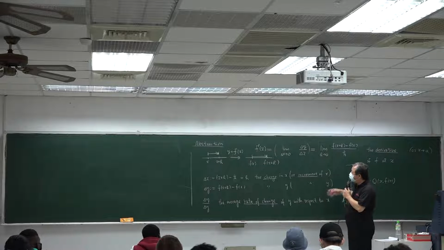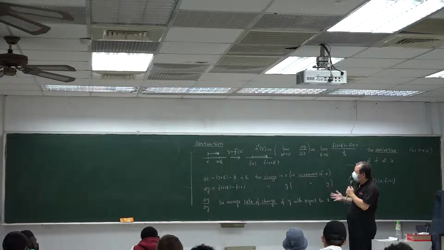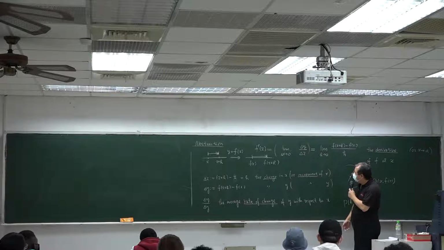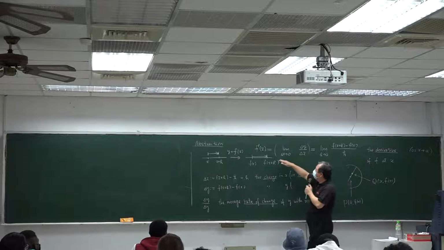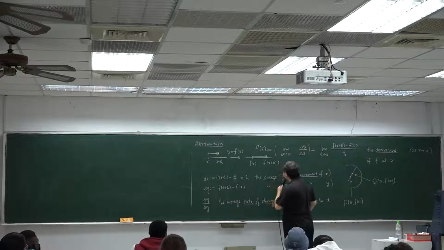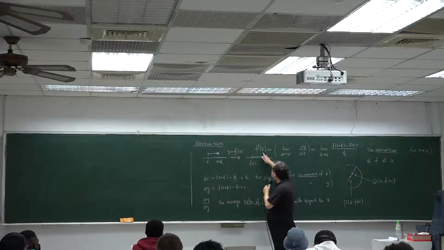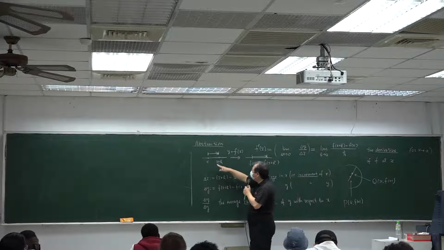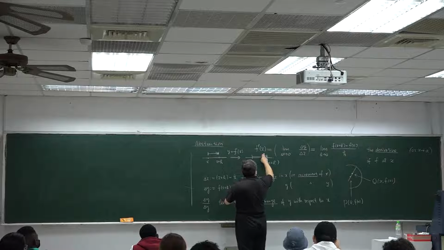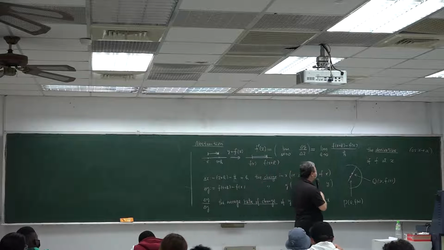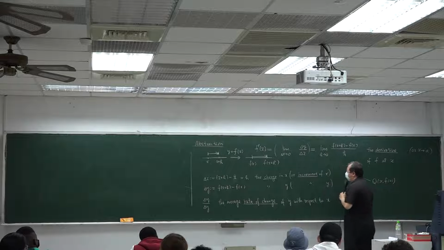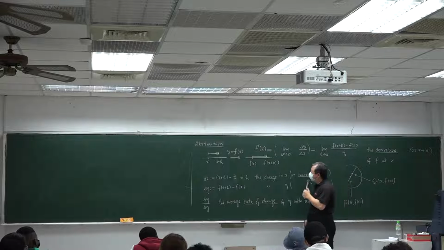Okay, I think this actually just gives us a motivation for defining this number. Again, for any given x, we may find a number f prime of x in this way.